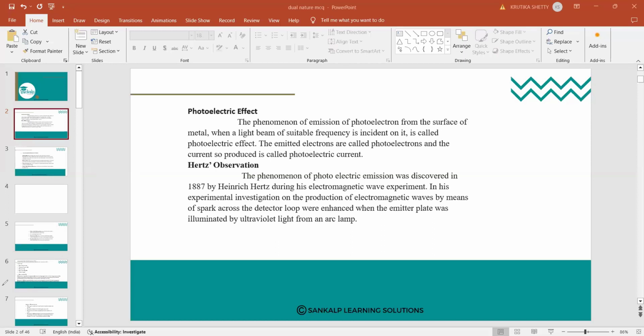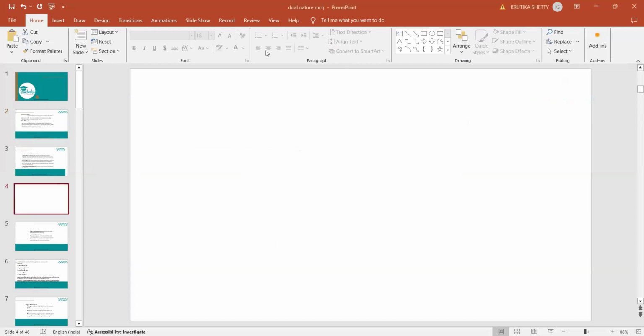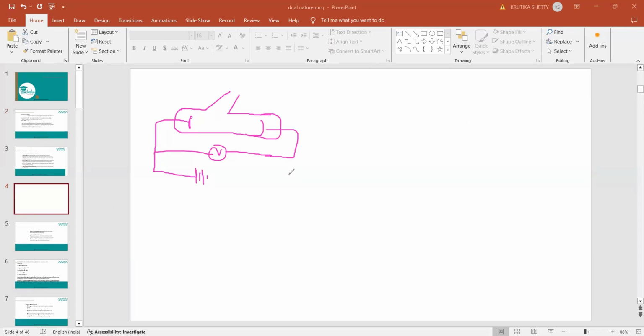Here we consider the evacuated chamber. In the evacuated chamber, we have the cathode and the anode, connected to the external battery, a voltmeter, and an ammeter. And this is the window.